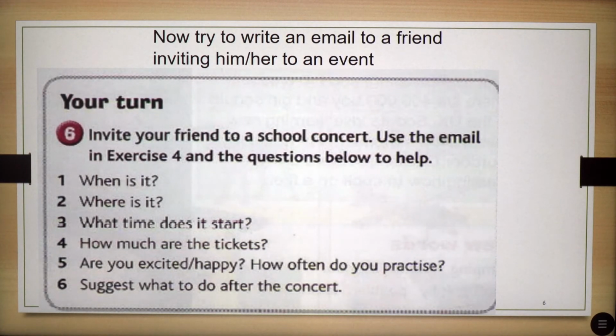So you include when is it? Where is it? What time does it start? How much are the tickets? Are you excited? Happy? How often do you practice, if you practice, of course, anything. And suggest what to do after the concert. So try to write an email to a friend writing an invitation.